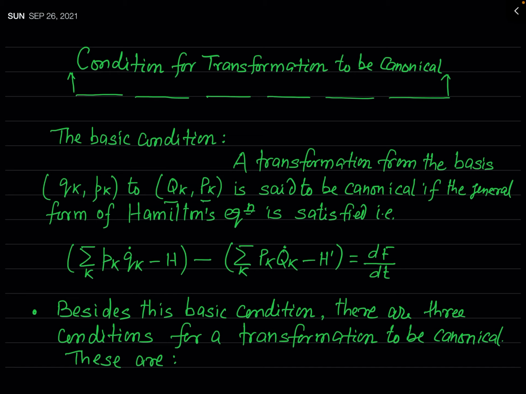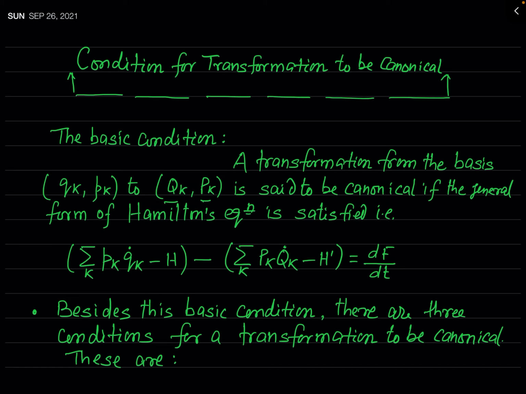So we have already discussed that a transformation from this basis small qk small pk to the basis capital Qk capital Pk is canonical when the general form of the Hamilton's canonical equation of motion gets satisfied.